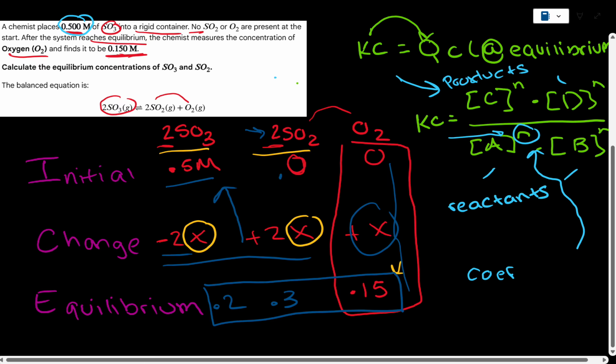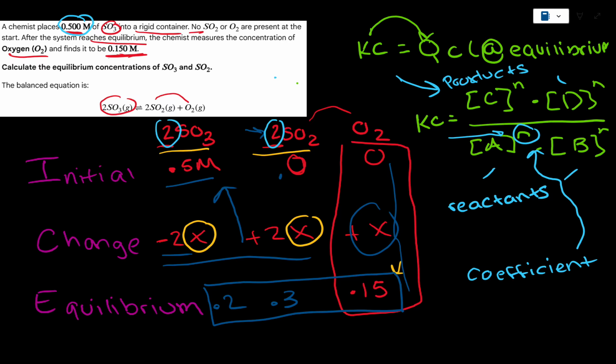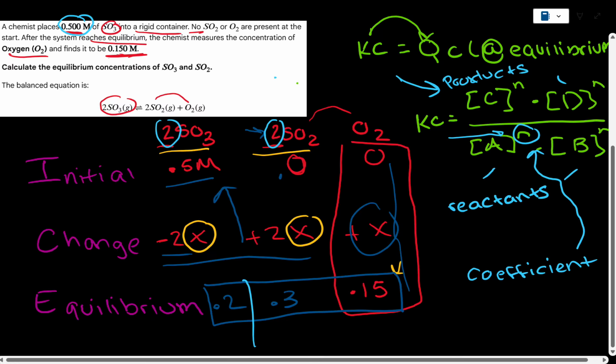Is its coefficient. And the coefficient is the number that's in front of the chemical compound. So now that we know what the formula is, and we now know what all of the equilibrium concentrations are, we could just plug in the numbers.